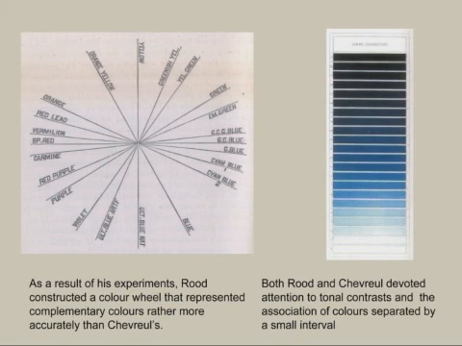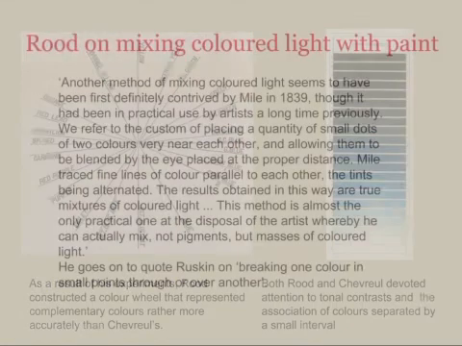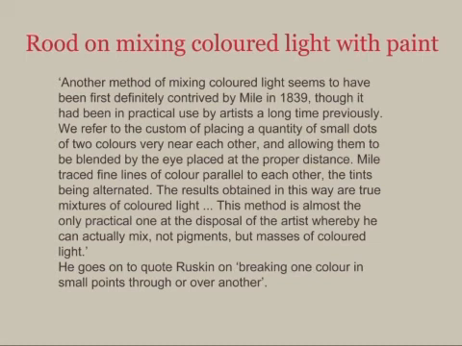The work also showed, going back to Rood now, that a purple colour, for example, obtained on the palette by mixing equal quantities of red and blue was less luminous, in other words, blacker, than a purple obtained from the same equal quantities of red and blue, but mixed by rotation of a spinning disc of coloured papers suitably lit. One of Rood's most influential statements, referring to earlier work, described another method of mixing coloured light.